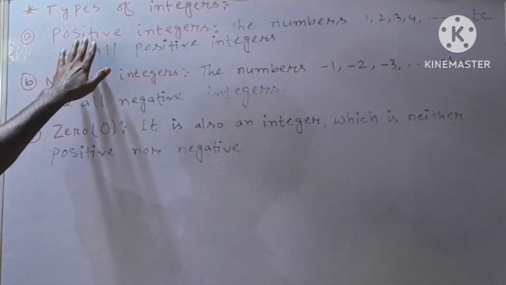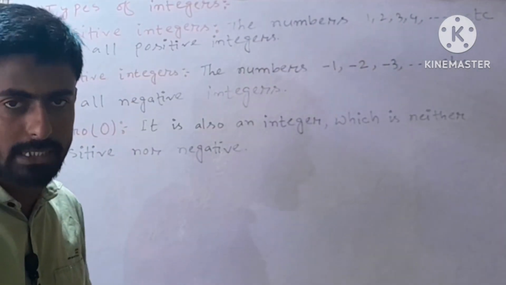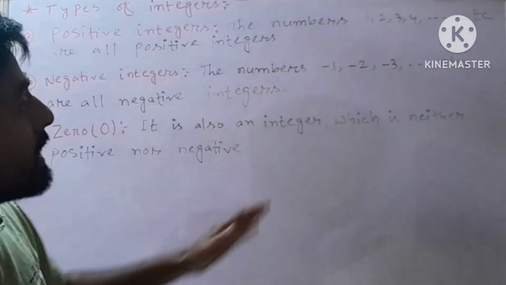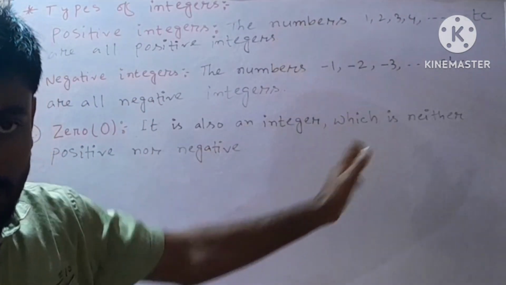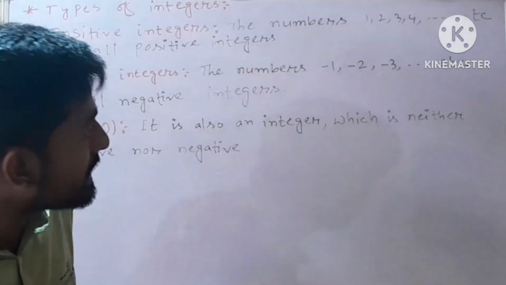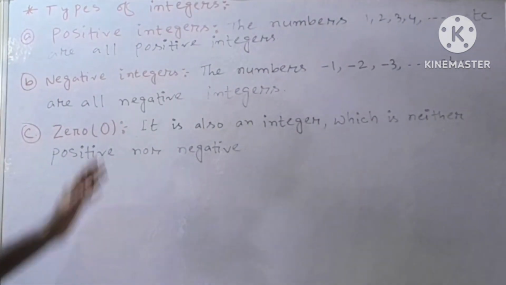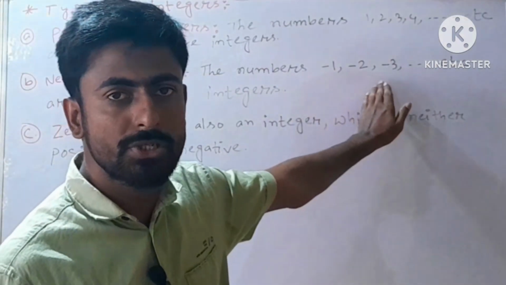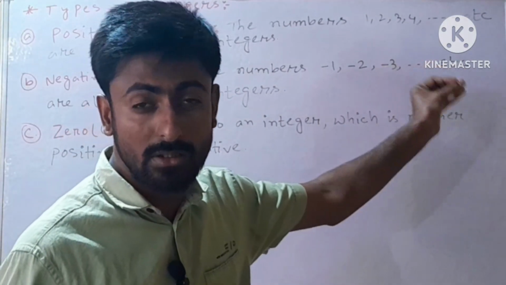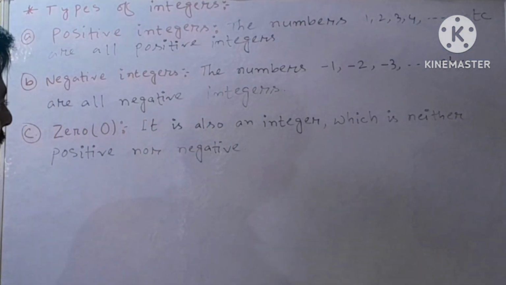Our next topic is types of integers. First, positive integers. The numbers 1, 2, 3, 4, 5 ... up to positive infinity are all positive integers. Next, negative integers, the numbers -1, -2, -3 ... up to negative infinity. These are all negative integers.